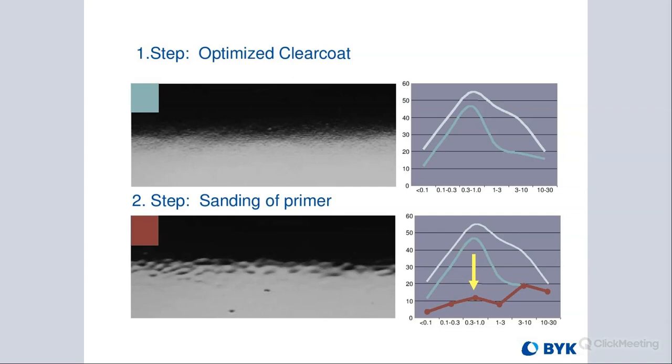So it always depends on what you're doing it for. If you're doing it to meet a customer specification, then obviously you just need to meet the customer specification. So you would use the structure spectrums to try to understand exactly what's happening so that you can improve your appearance.